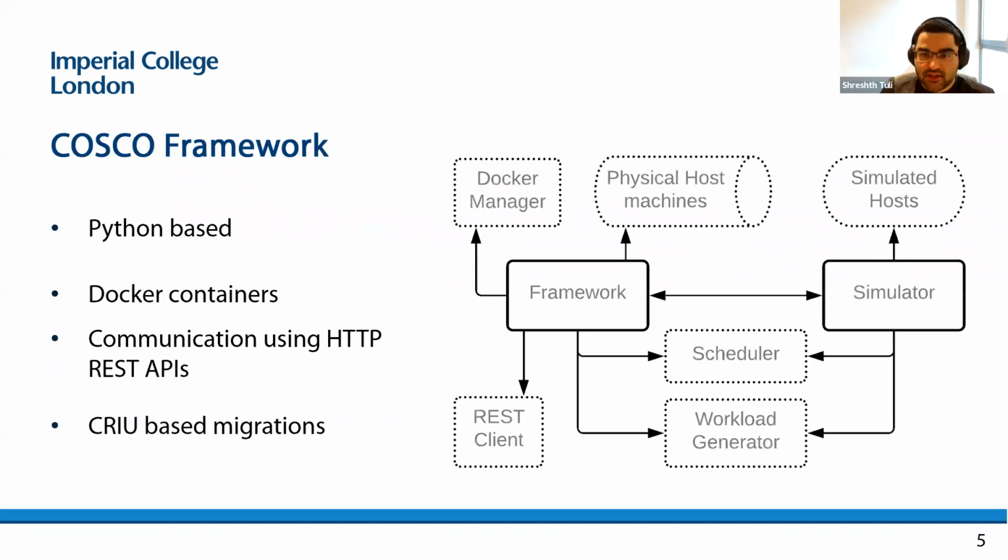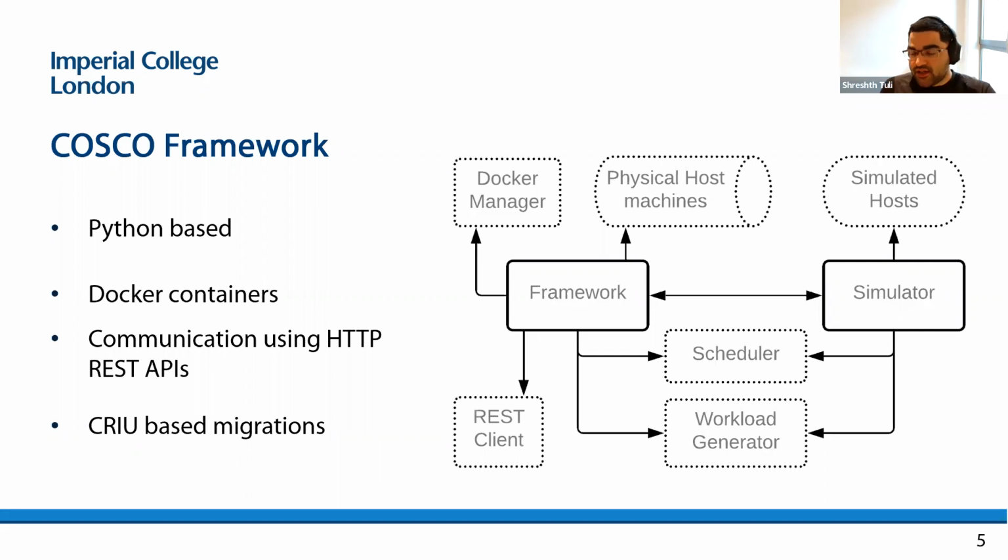So let me start discussion of the implementation. Just to recap, COSCO is a Python-based framework that allows orchestration of Docker containers in both simulated and real distributed computing environments. COSCO uses the assumption of the system model that the execution runs on a bounded time scale, with the timeline divided into these discrete chunks that I mentioned previously, that are of fixed length, which are called the scheduling intervals.